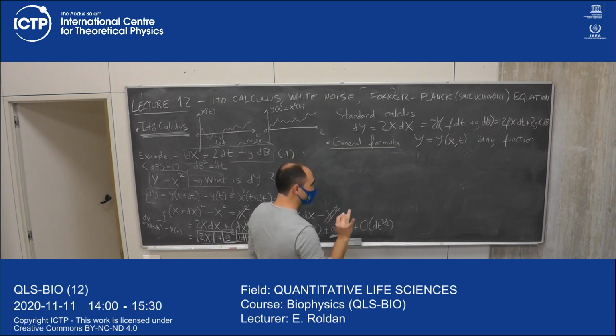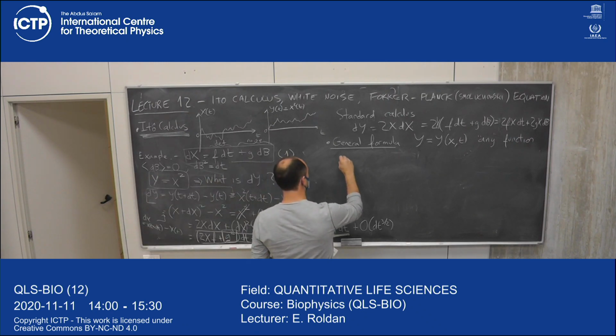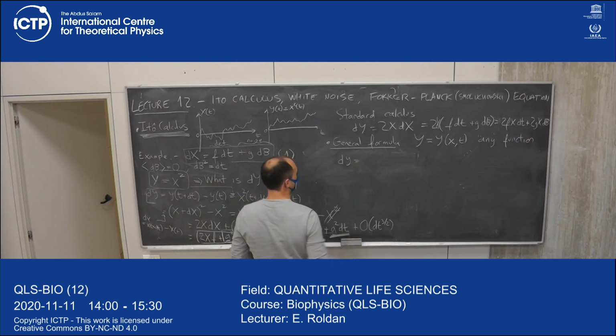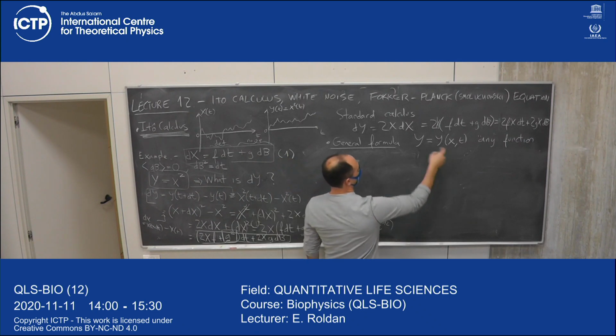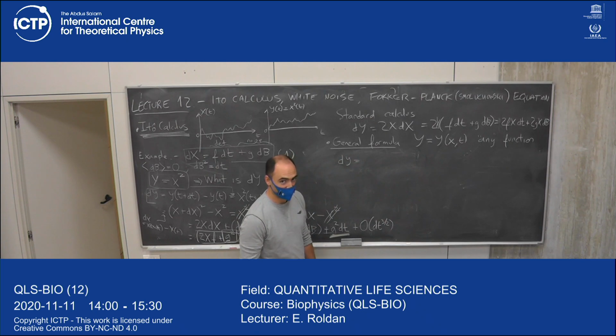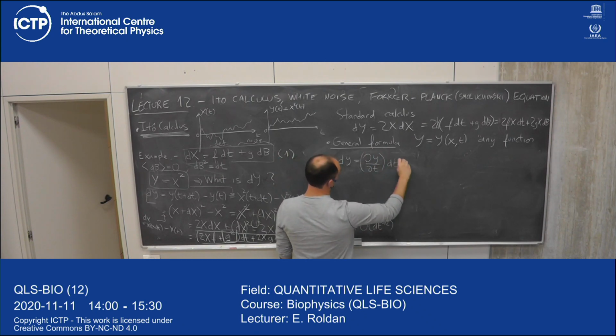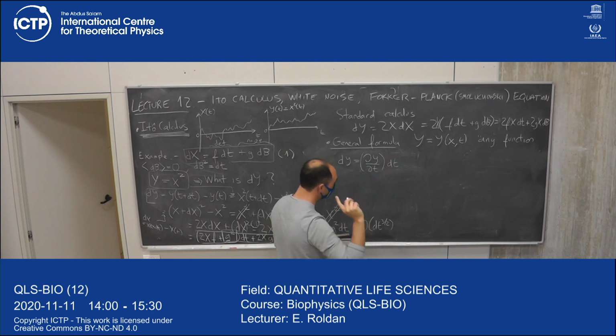This looks a bit difficult to remember, but there is an easy way to remember this calculation. We have dy, and y depends on x and t. So there should be a partial derivative of y with respect to t, dt, be careful.